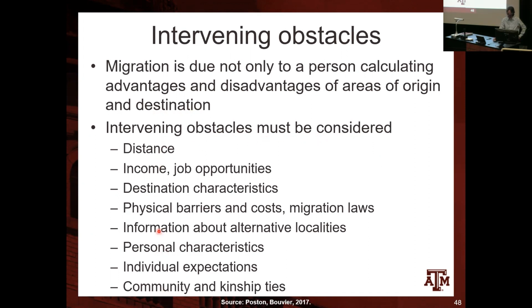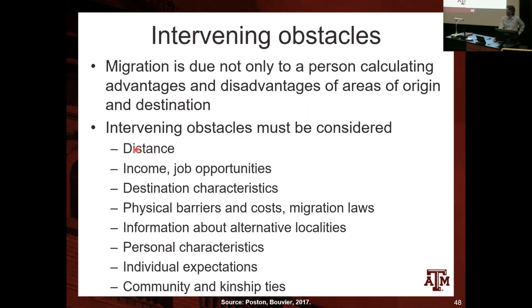These intervening factors, these obstacles, are socioeconomic, contextual factors. They're not related to the biology of the individuals, like we discussed before in relation to fertility and mortality. Intervening obstacles are more related to the context of where these people want to migrate from and to.